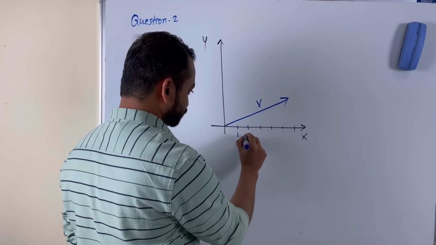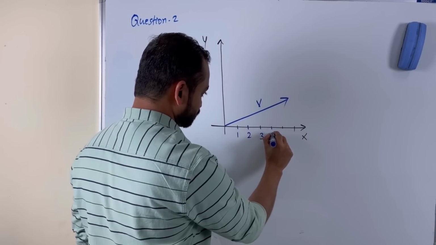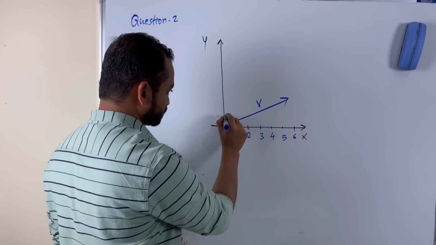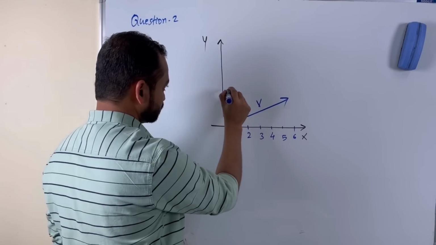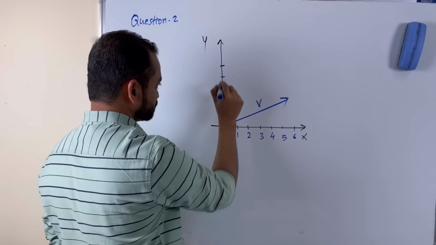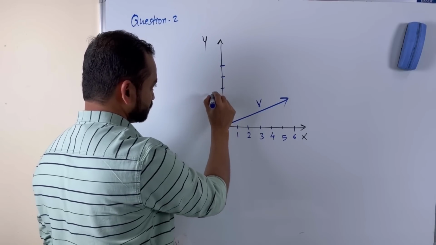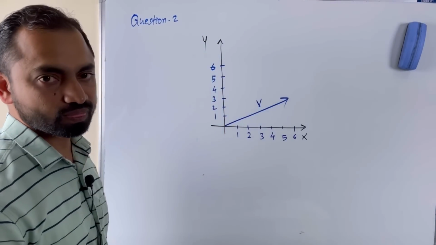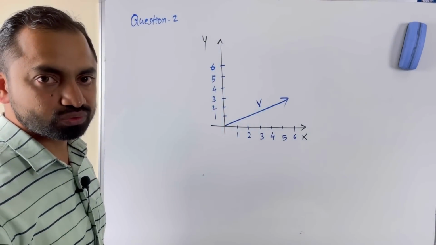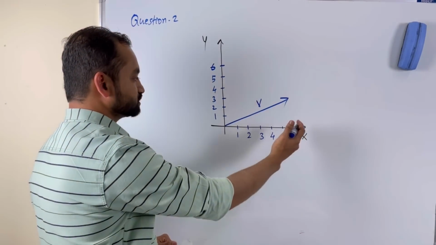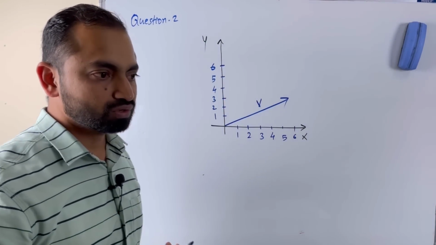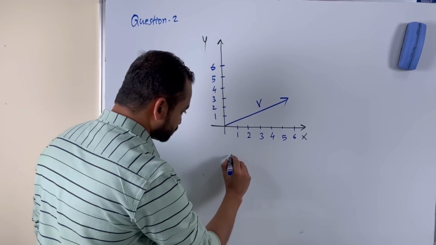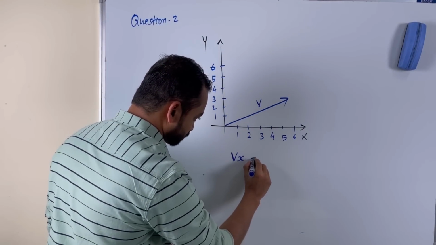We will write, for example, 1 2 3 4 5 6 like that, and here also 1 2 3 4 5 6. Then we need to find the x and y components of this vector. I will write Vx for the x component.